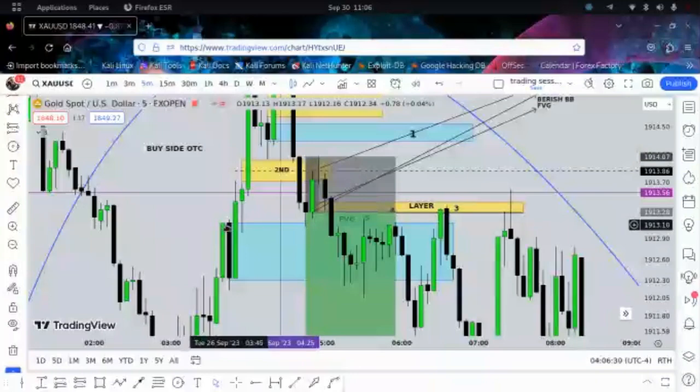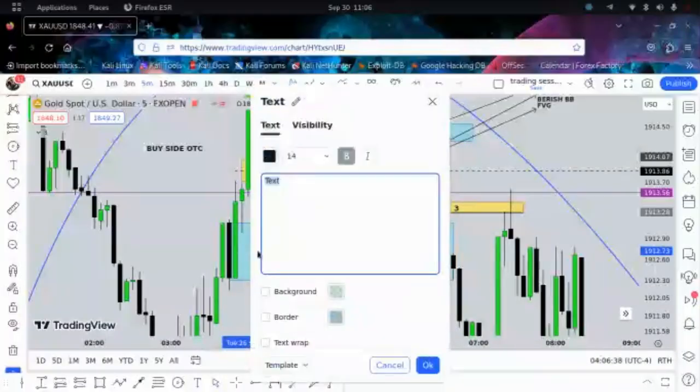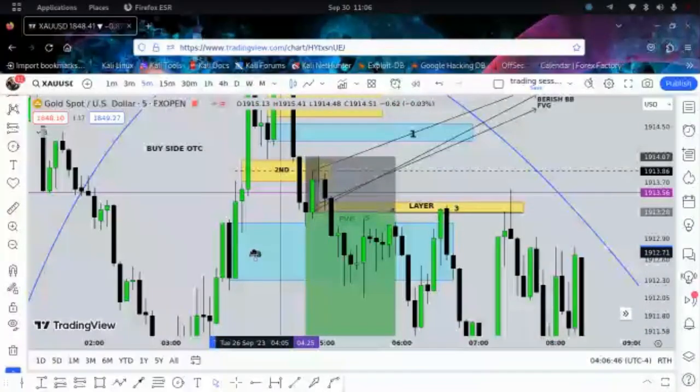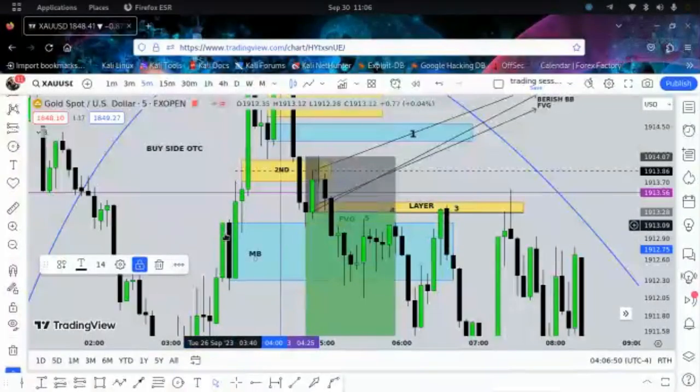These PD arrays can give you more opportunities to get into the market. This is a mitigation block. Let me label it mitigation block. This PD array is going to give you an opportunity to get into the market. So you pull it, you label it an added bullish order block.